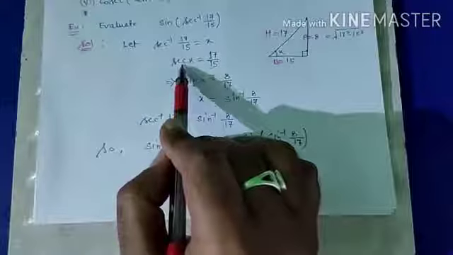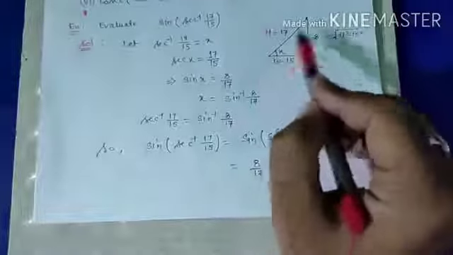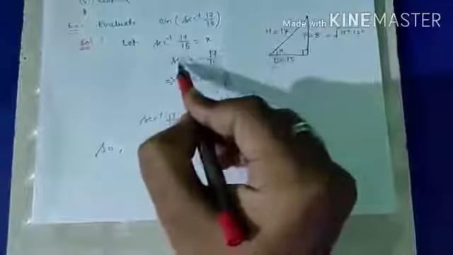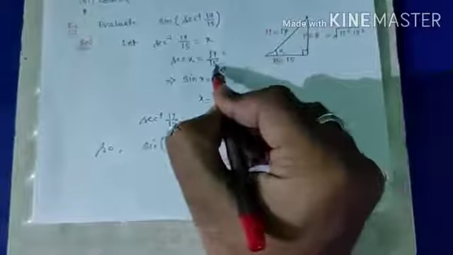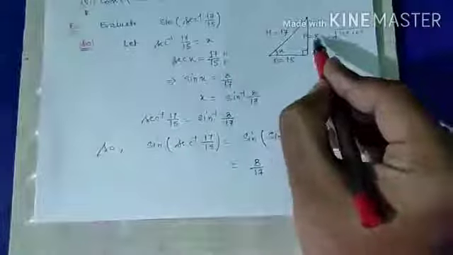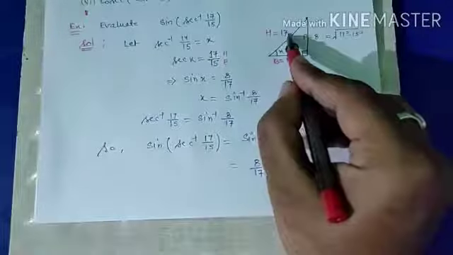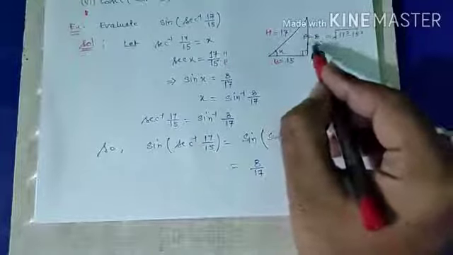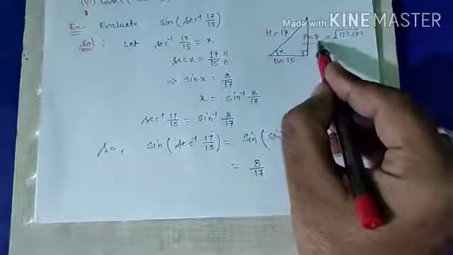Now I will make a right angle triangle, and sec x, this is hypotenuse and this is the base. So in place of base and hypotenuse I can put these values 15 and 17. Now by using Pythagoras I have found the value of perpendicular, that is 8.